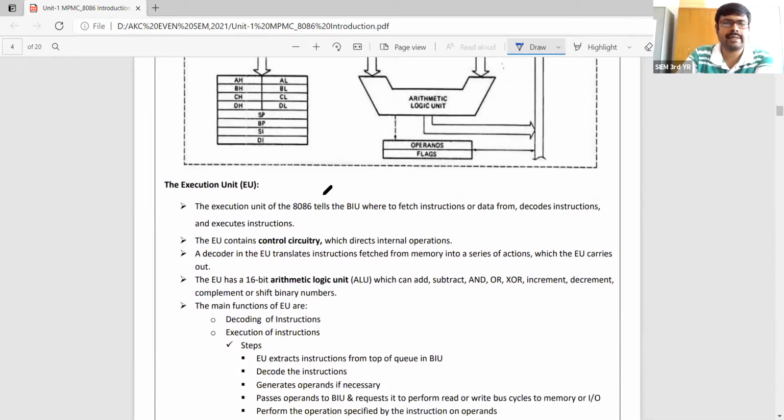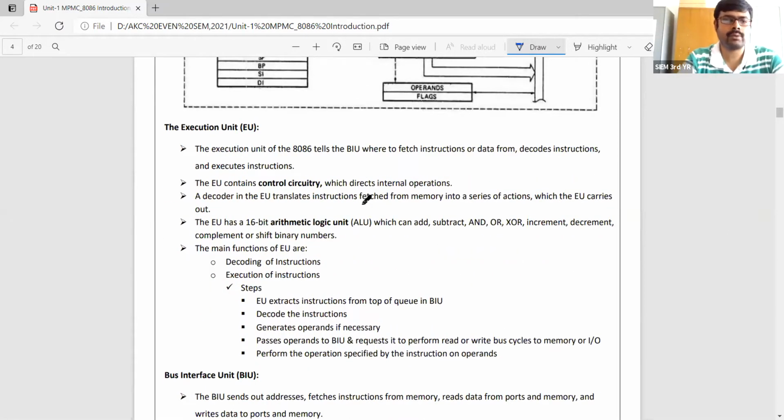If you remember, what was the task of the execution unit? The execution unit is the controlling circuitry. It controls the basic operations of the 8086 and directs internal operations. All the internal operations are associated with the execution unit architecture.